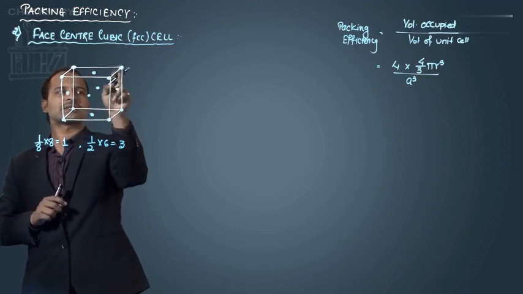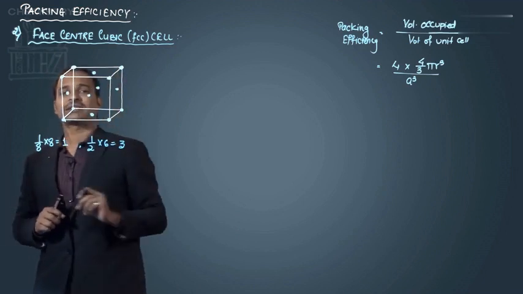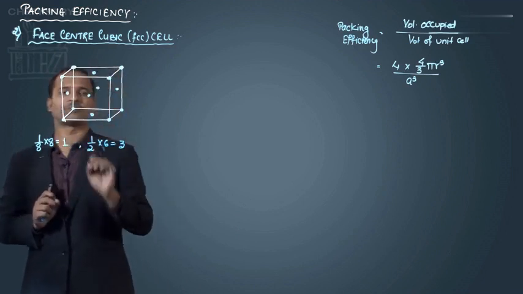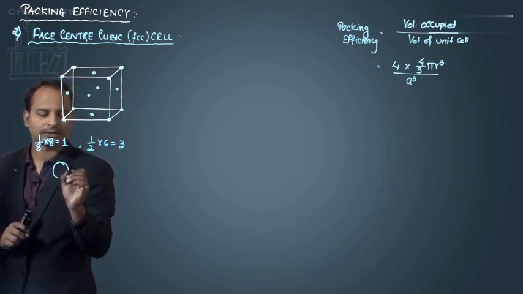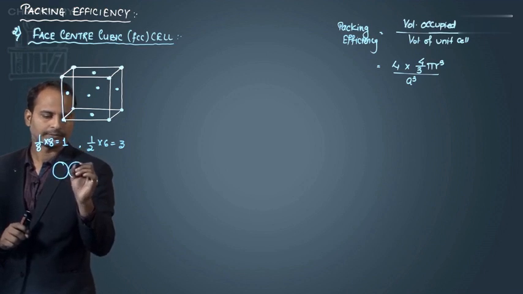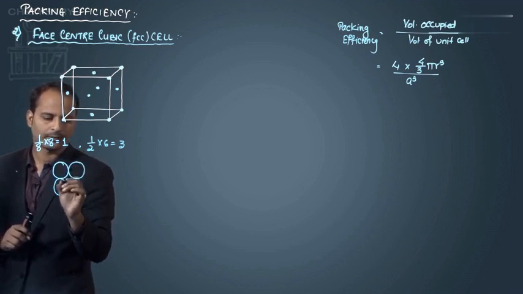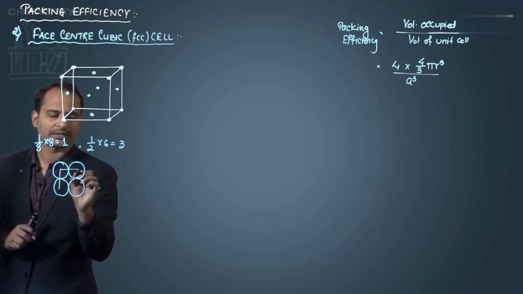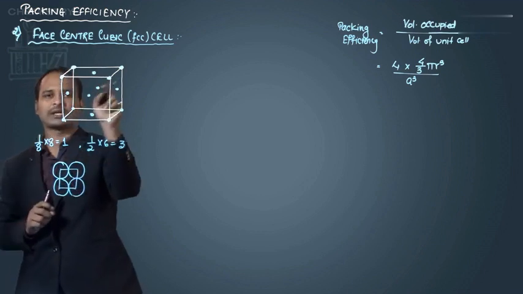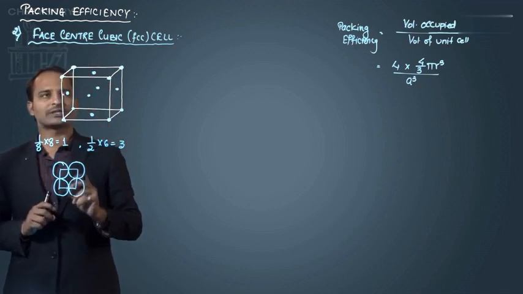Suppose I am considering this face as the face of a simple cubic cell. In case of simple cubic, there were 4 particles, and if I join these corner centers, I get the face. But in case of face centered, what is happening?